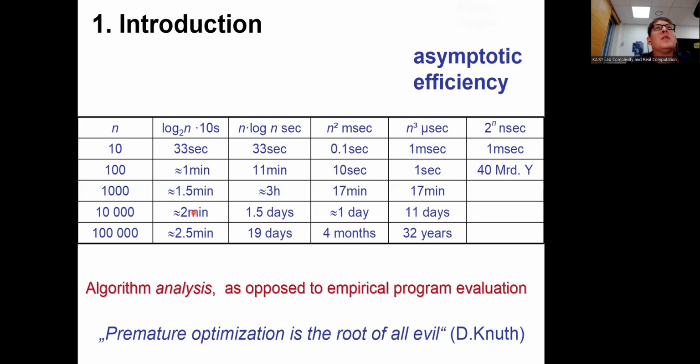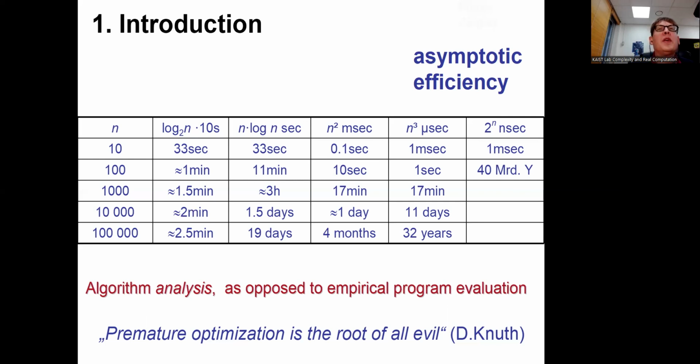But first, the largest gain in performance is obtained by proceeding to an asymptotically more efficient algorithm, which is why we're focusing on asymptotic and algorithm analysis in this course, as opposed to empirical program running time measurements.